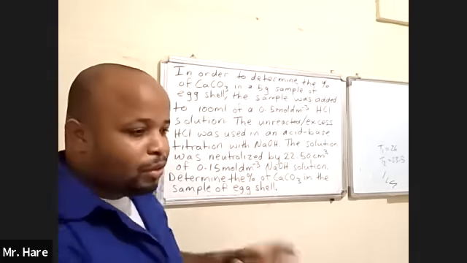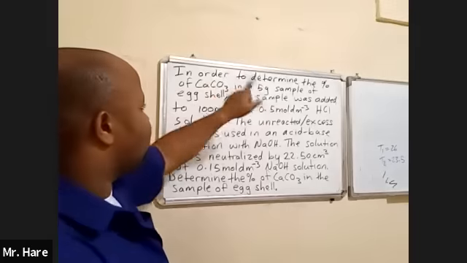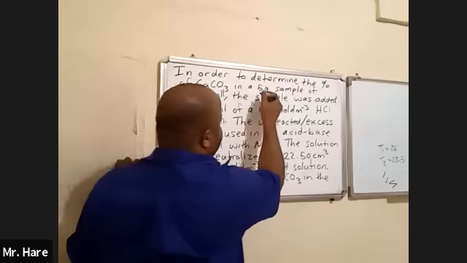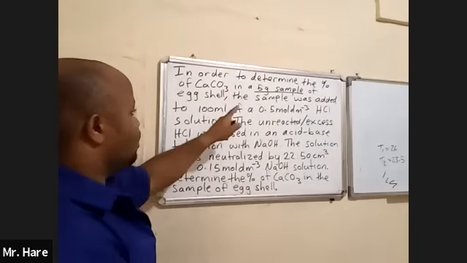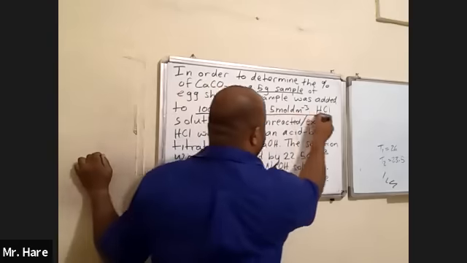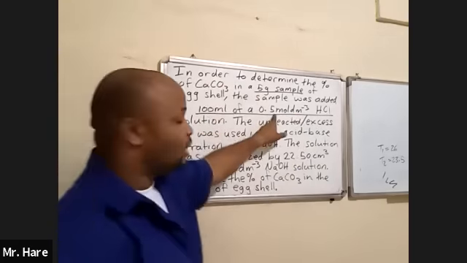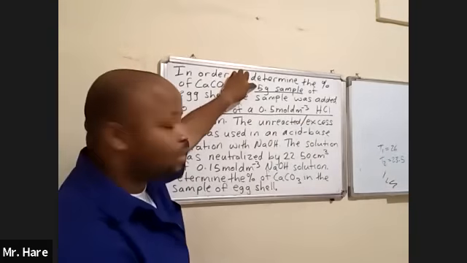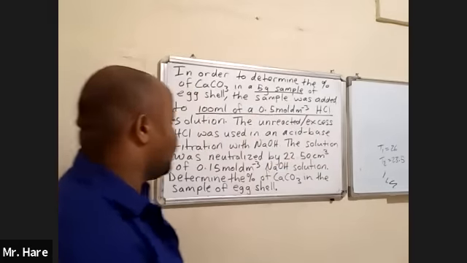As usual, let us read the question and pick out the information. In order to determine the percentage of calcium carbonate, a 5 gram sample was added to 100 mL of 0.5 moles per dm³ HCl. So we have the volume and the concentration for the HCl. The reaction is between the 5 gram sample and the 100 mL of 0.5 moles per dm³ HCl.